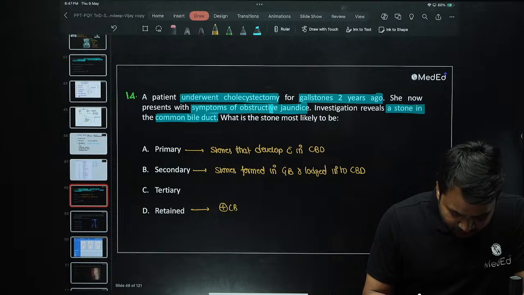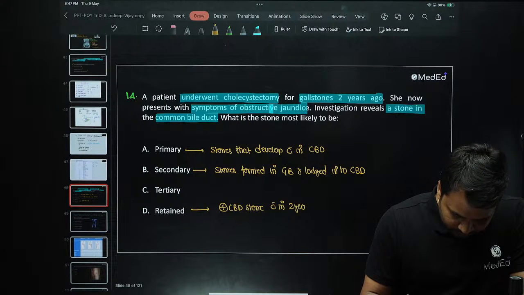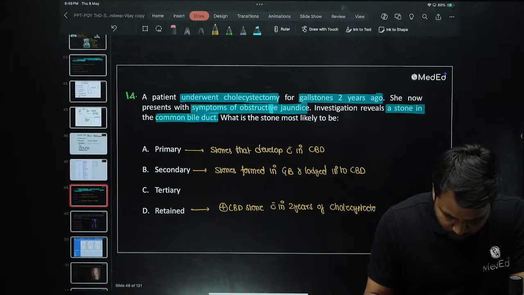Presence of CBD stone within 2 years of cholecystectomy.